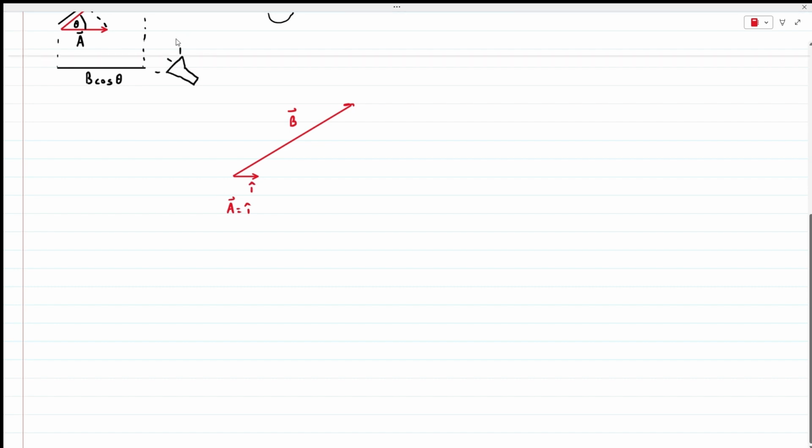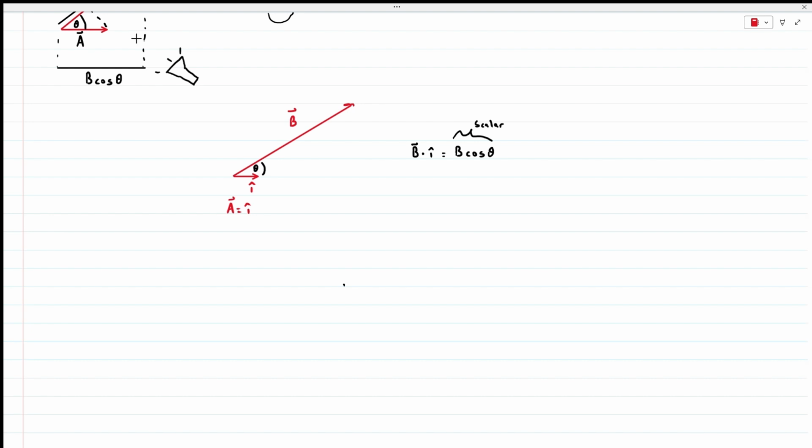If we took the dot product of B with I hat, what we'd be doing is finding the component of B in the direction of I hat, which would be equal to B cosine theta. And we scale it up by the unit vector length, which is just 1. So the magnitude wouldn't change of this scalar. Note that the dot product of two vectors is a scalar.